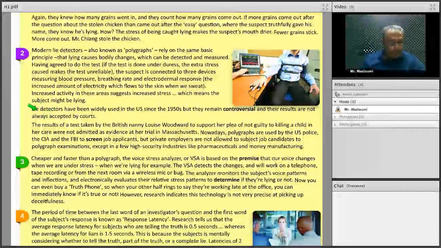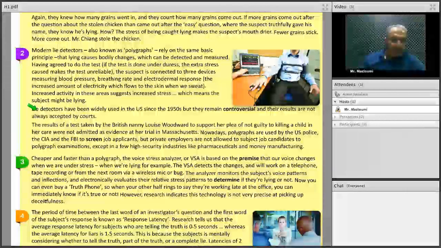All right. Lie detectors have been widely used in the US since the 1950s. So lie detectors, polygraphs, have been widely used in the US since the 1950s.